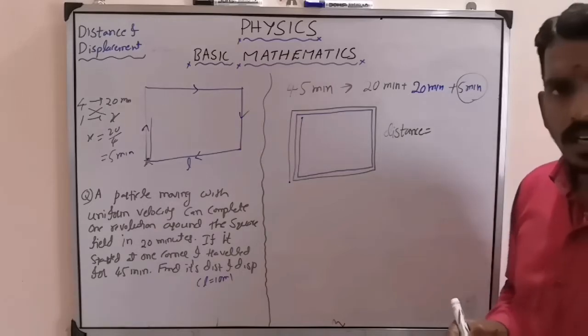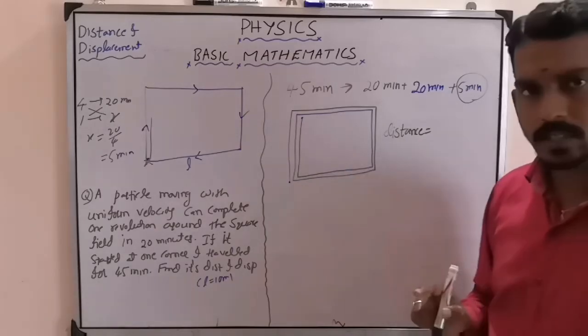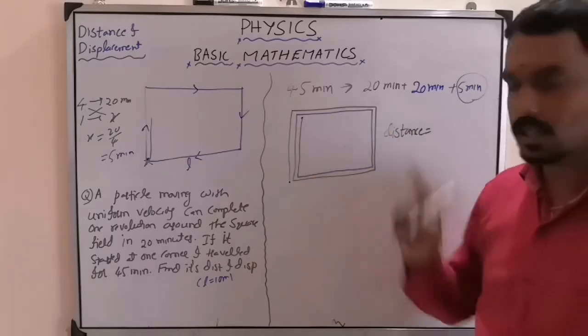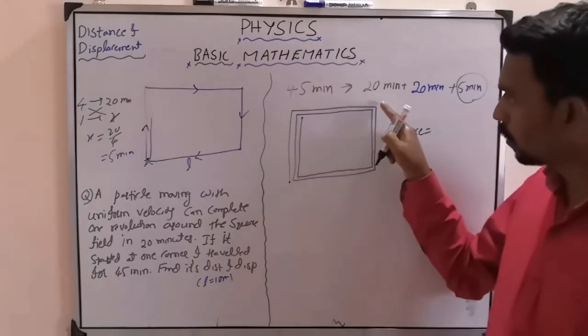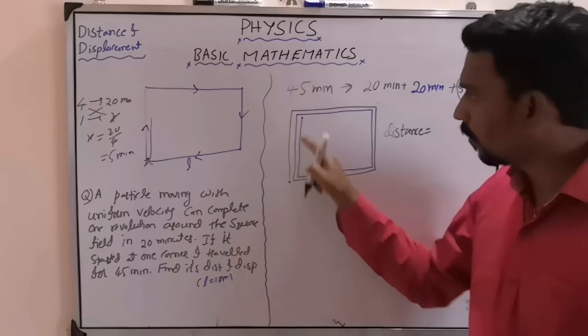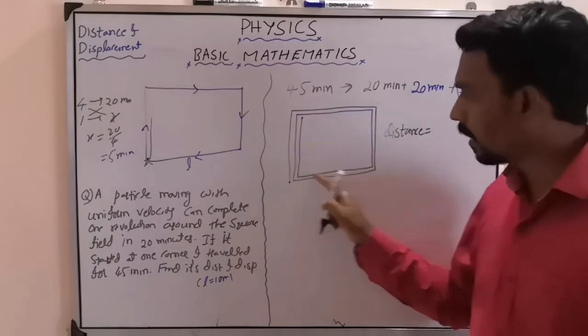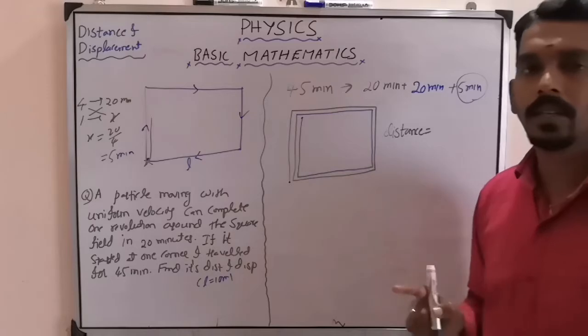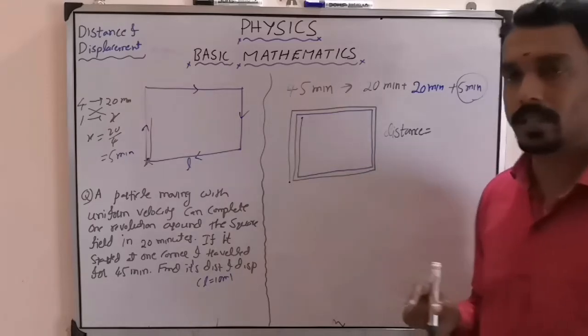Now, what is the total distance? Distance means what? Total path length. 1, 2, 3, 4, 5, 6, 7, 8, 9. 9 sides he completed.